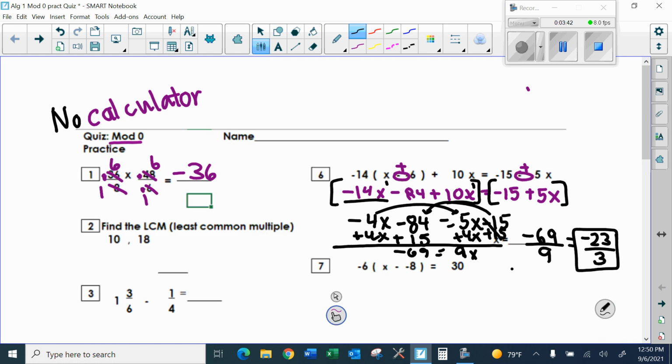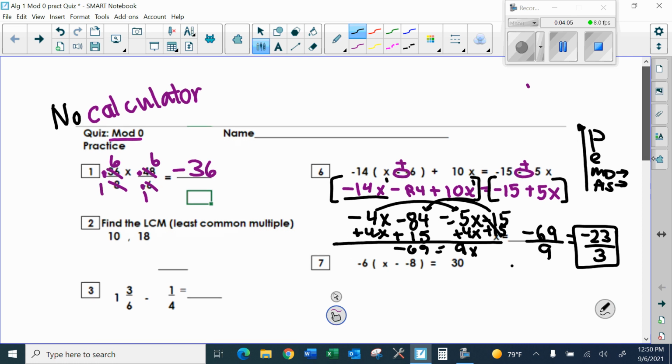And again, you could write down reverse PEMDAS, reverse order of operations. Now you do that after the distributive property and combining like terms, and then getting the variables to one side, constants to the other. Then I apply reverse PEMDAS.